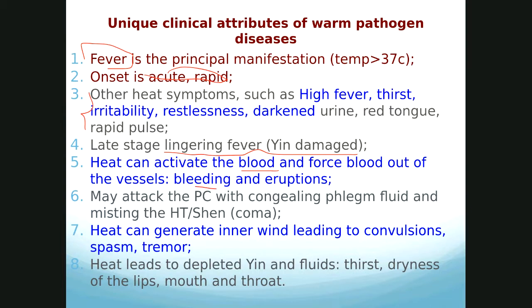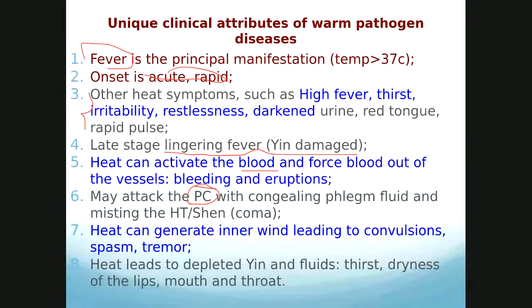Because heat is very aggressive, it can cause very severe transmission, affecting the pericardium and causing unconsciousness. This can result in congealed fluid, and it is very easy to cause unconsciousness because these congested pathogens mist the mind. Heat can generate inner wind, resulting in convulsion.